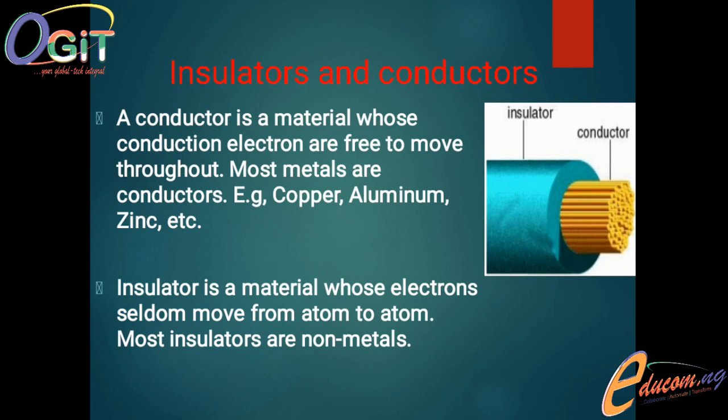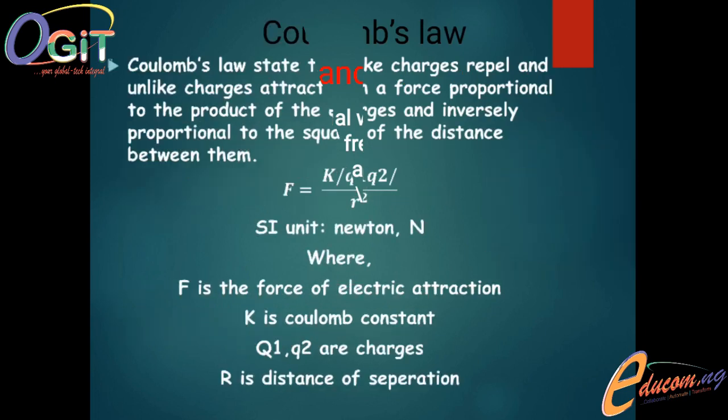Don't forget, in our elementary knowledge, we are made to realize conductors allow the passage of current or heat. An insulator is a material whose electrons move from atom to atom. That is, they do not allow free movement of electrons through them. Most insulators are non-metals. Examples are glass, wood, and some other materials like that.